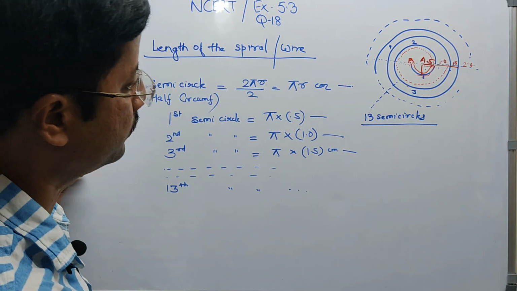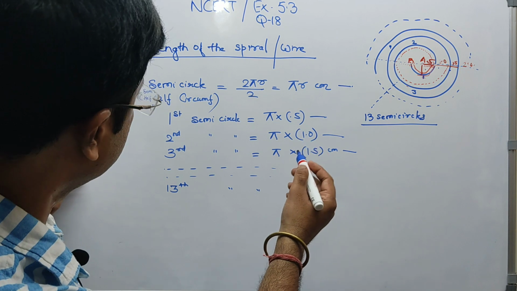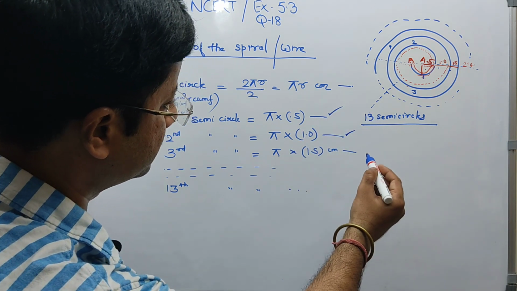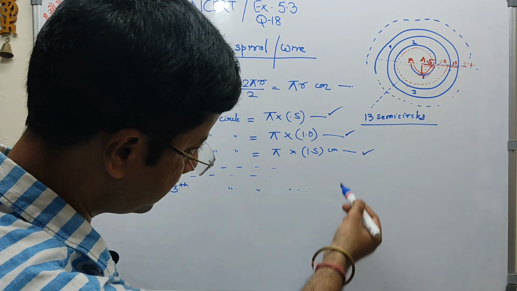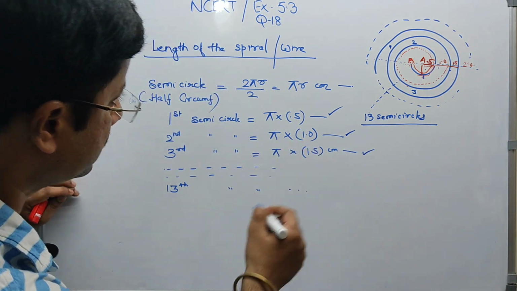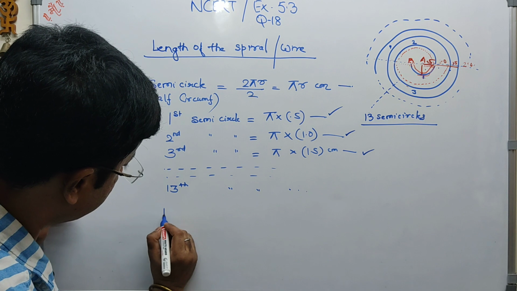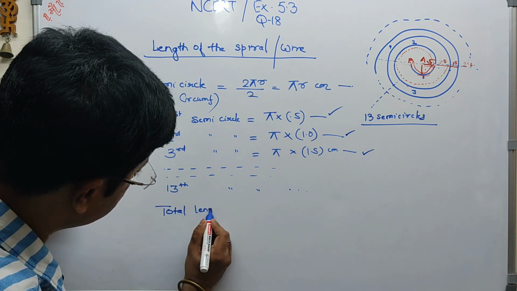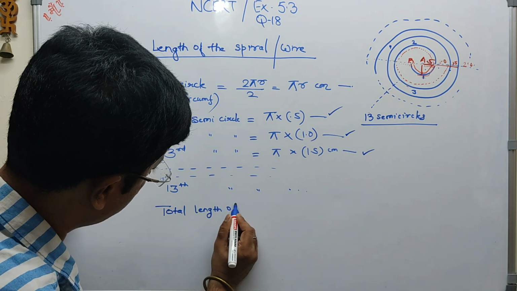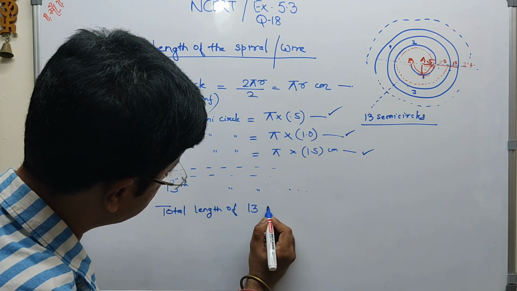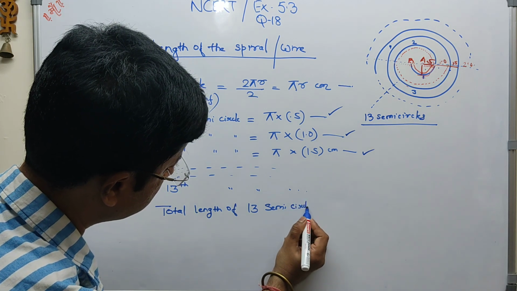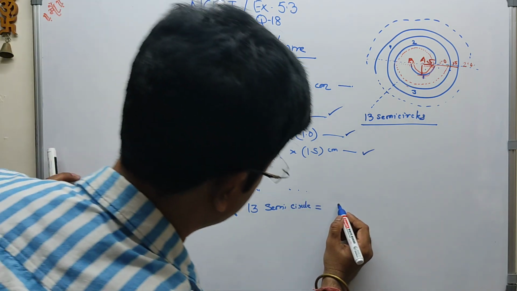Now see what we have to do here. This is the measurement of the first semicircle, this is the second, this is the third, and so on. Therefore the total length of 13 semicircles, what can we write?